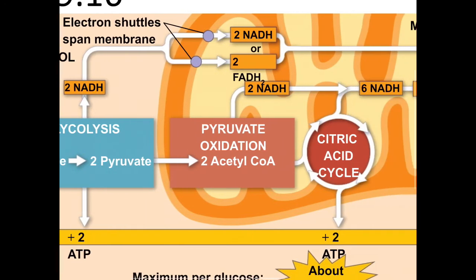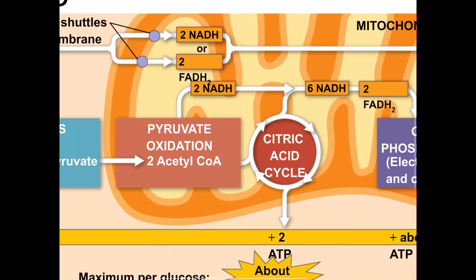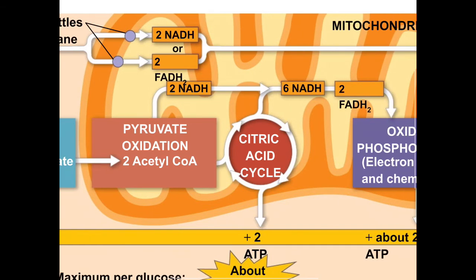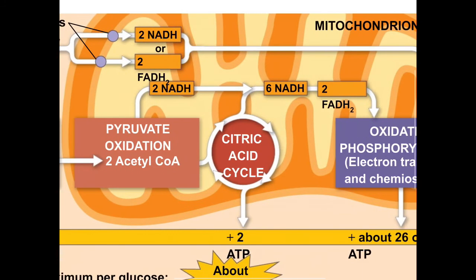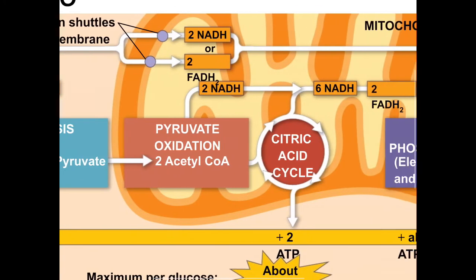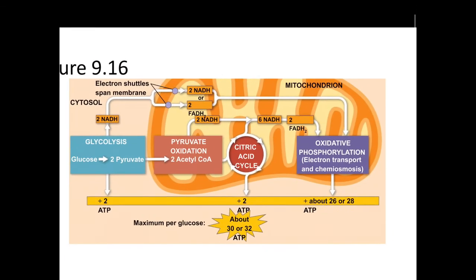So here we have the breakdown of what we just talked about. You see glycolysis here, makes 2 pyruvate, also makes 2 NADH. That NADH travels all the way down to oxidative phosphorylation. You have pyruvate oxidation, that makes 2 acetyl-CoA, and they also have electron shuttles. Then the acetyl-CoA goes into the citric acid cycle. The citric acid cycle makes more electron shuttles.